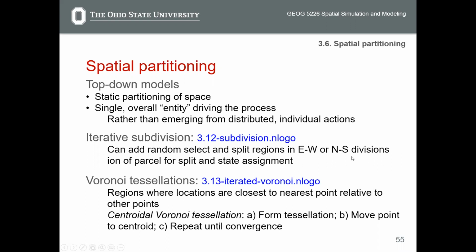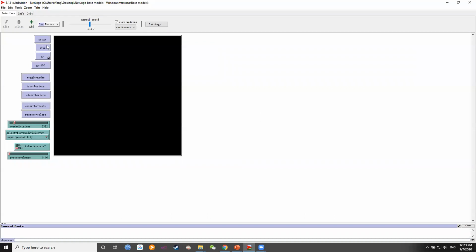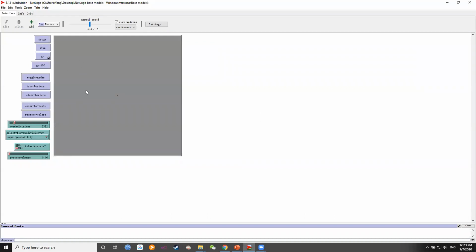Okay. So let's get back. So set up. We have a huge square polygon here. We only have one square here. So this black cell is the centroid of this square. And if we go by first step, you can see that the huge square is divided into two squares.